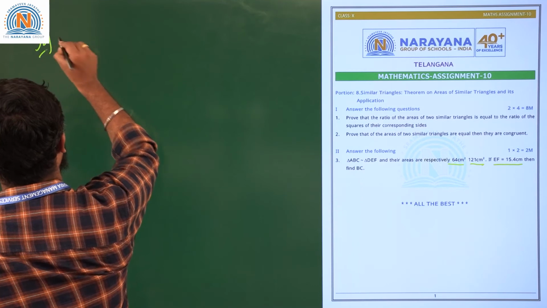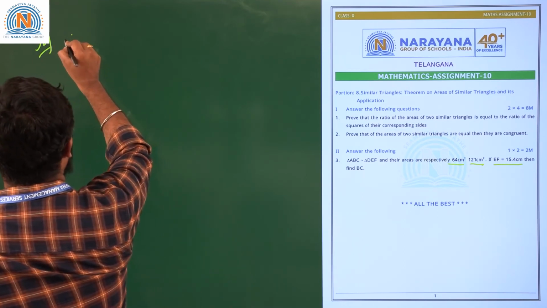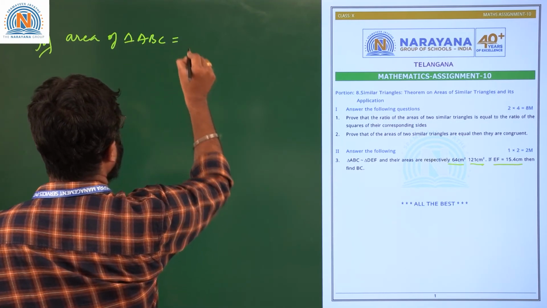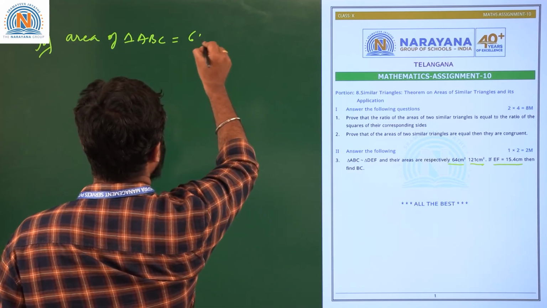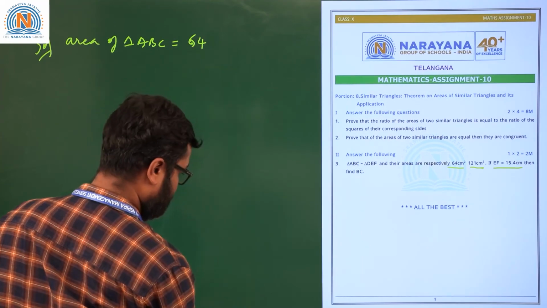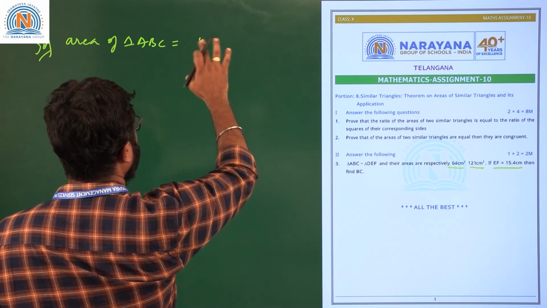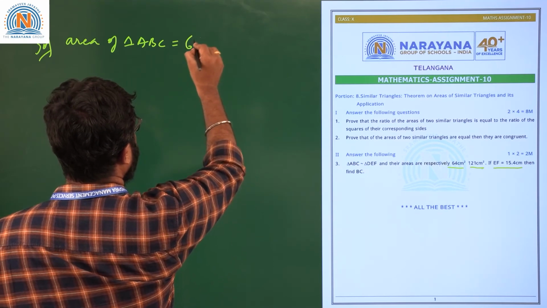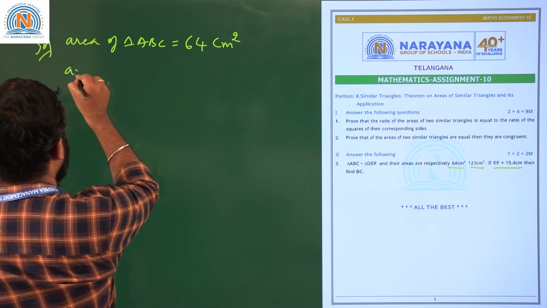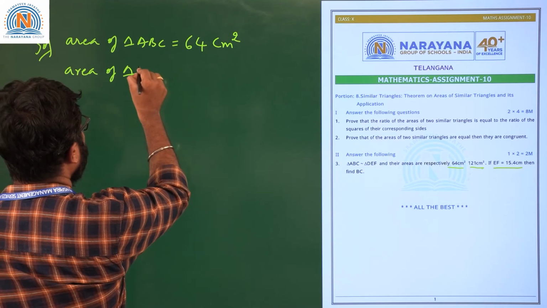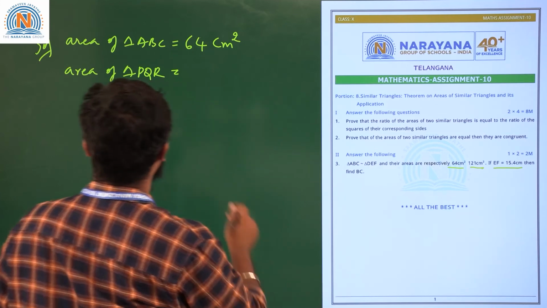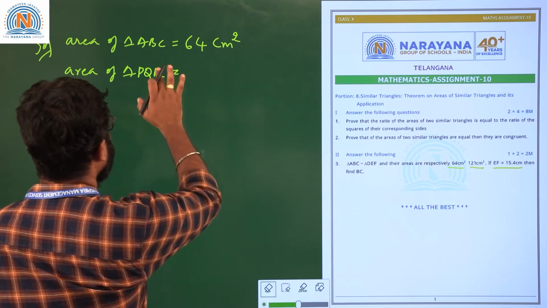That is, area of triangle ABC. What is the area of triangle ABC, children? 64 centimeter square. And next, area of triangle DEF, okay, here he has taken it as DEF.